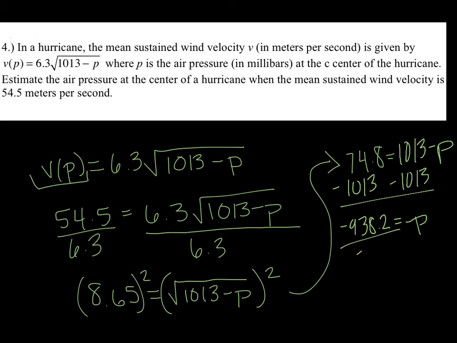So the last thing to do is divide by negative 1. So your estimated pressure is going to be about 938.2 millibars. And to be honest, I don't know what millibars are.